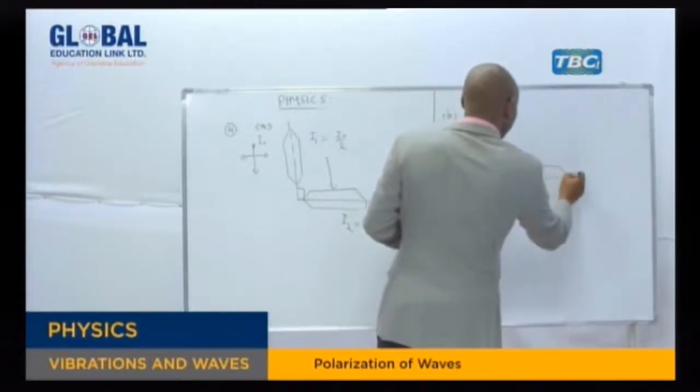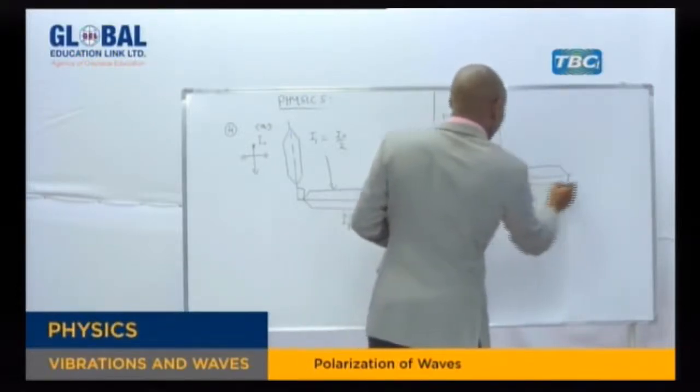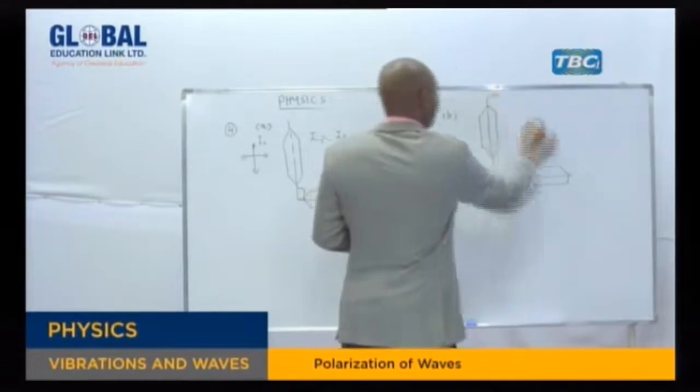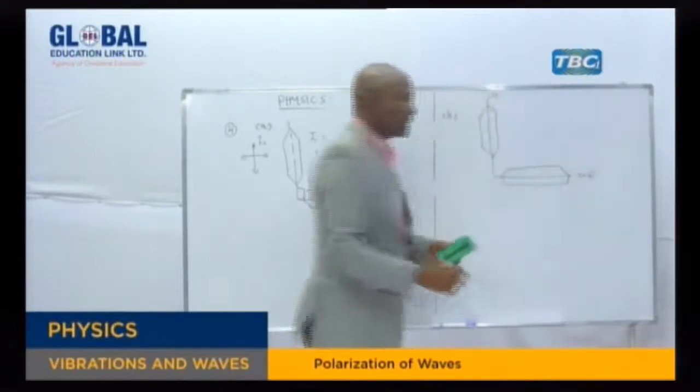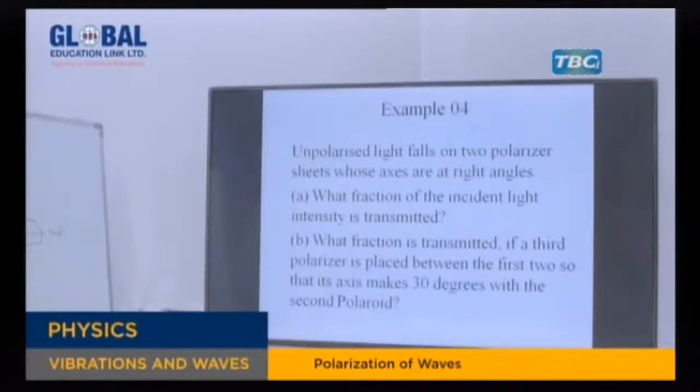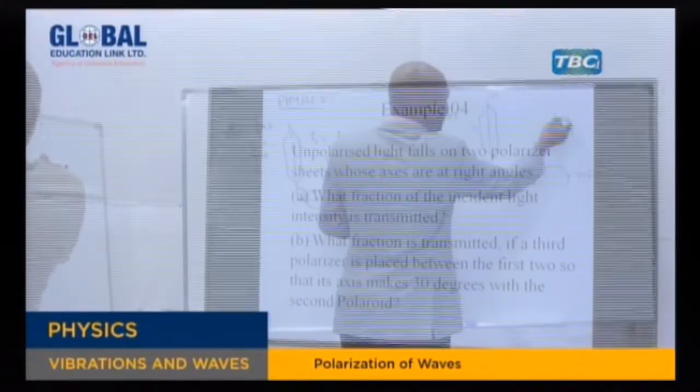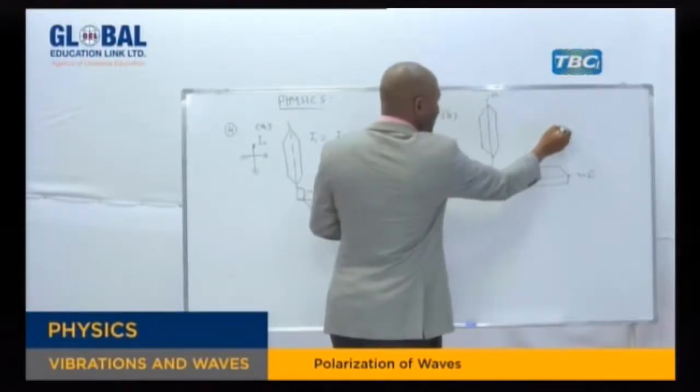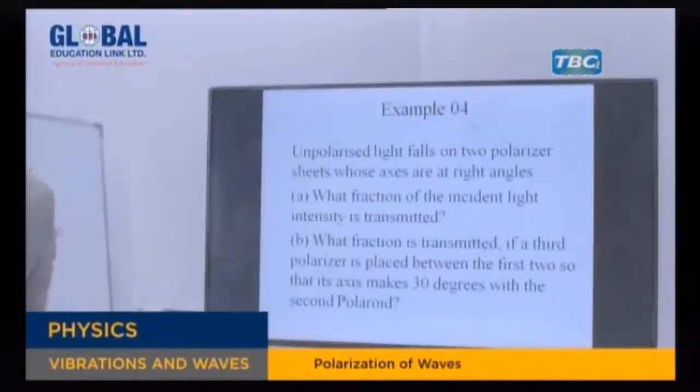We had the first and the second here, and now the third polarizer has been introduced between the two, so that it makes 30 degrees with the second. This is the axis of the third one, which makes 30 degrees with the second.